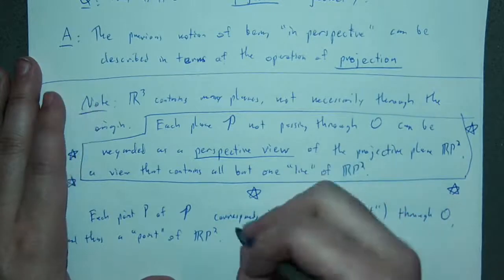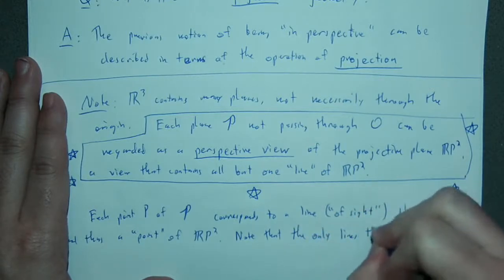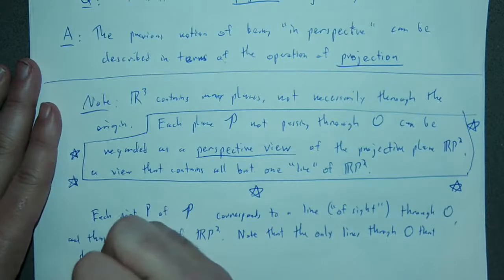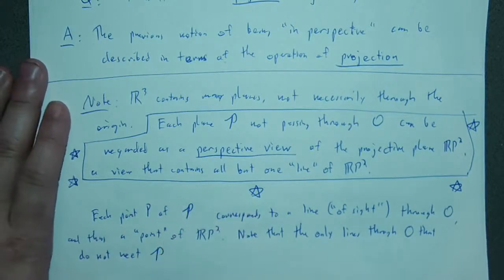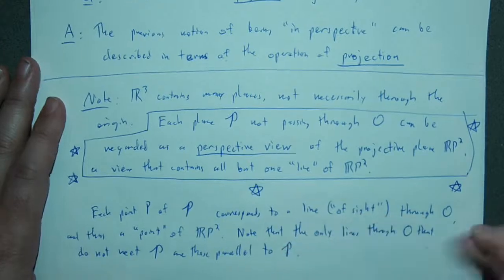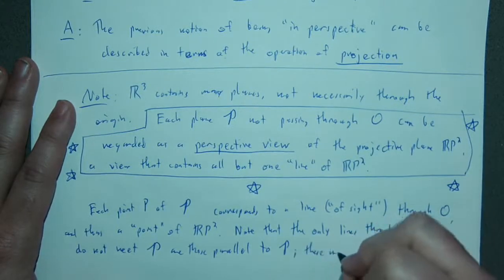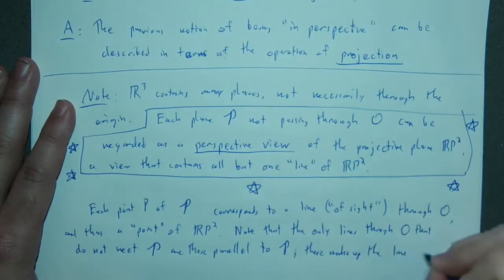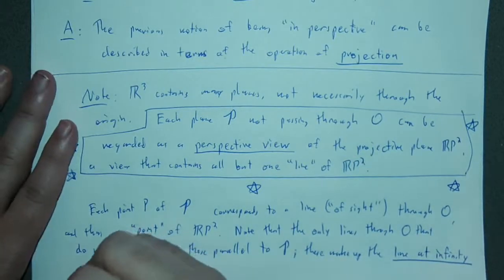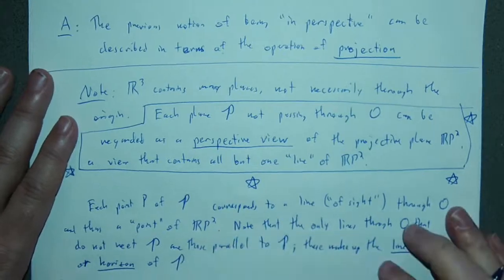So note that the only lines through the origin that do not meet script P are those parallel to script P. And these make up the line at infinity, or horizon, of my plane script P.